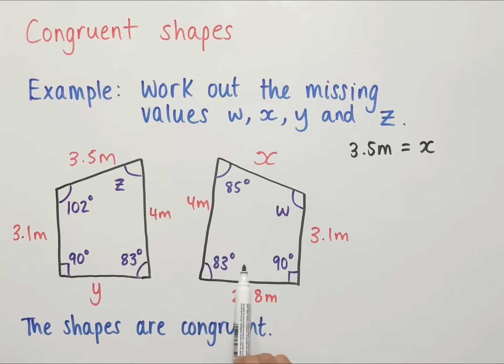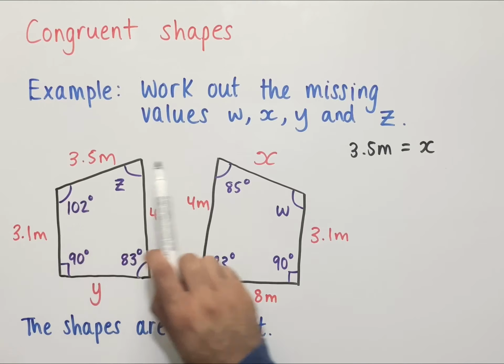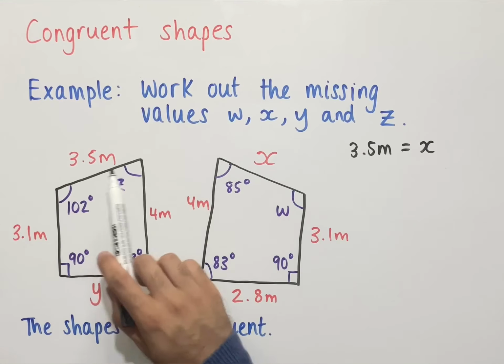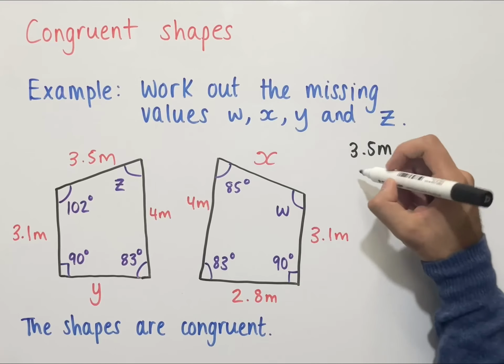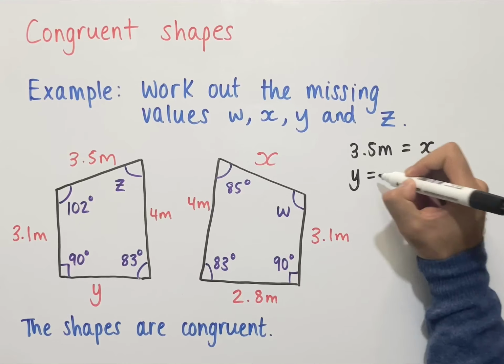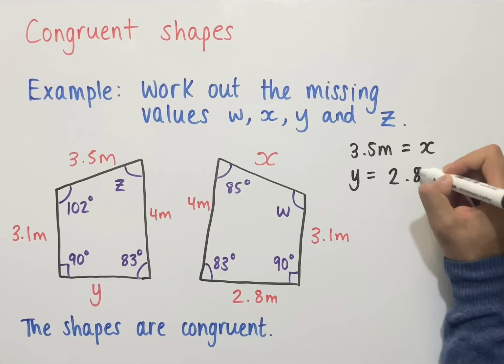Because the two shapes are congruent and these two sides are corresponding, they must be equal in length. We can also establish that the bottom two sides must also be equal in length, since again we're told that the shapes are congruent and so corresponding sides must be equal in length. So y equals 2.8 meters.